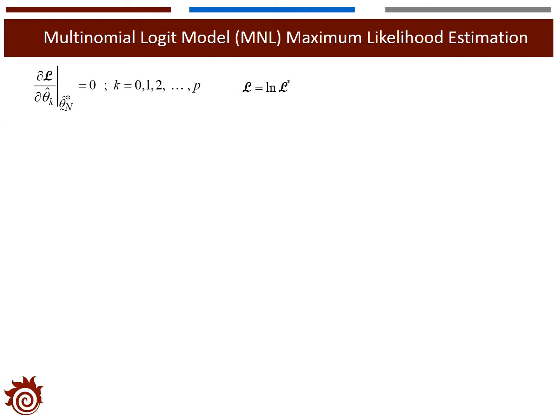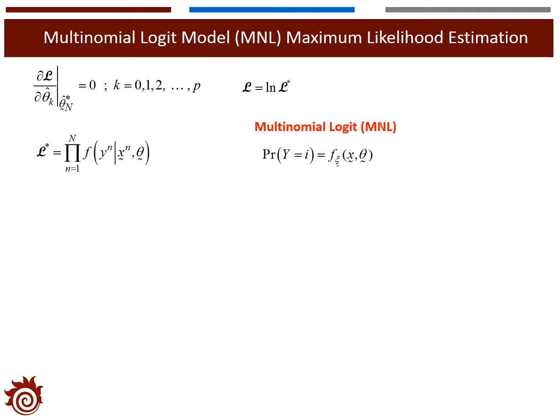Now let's see how we can apply the maximum likelihood estimation method for the multinomial logit model. This is the likelihood function. It's the product of the probability for each individual n. And with the MNL model, we can find the probability of choosing the mode i for the individual n.